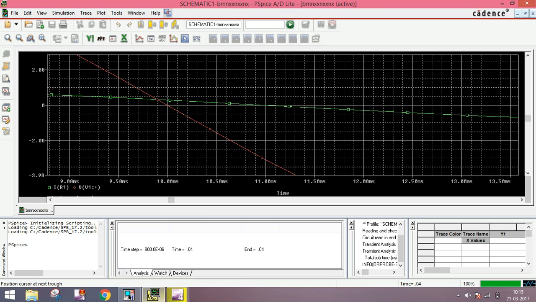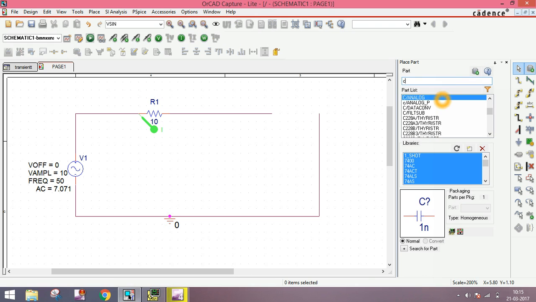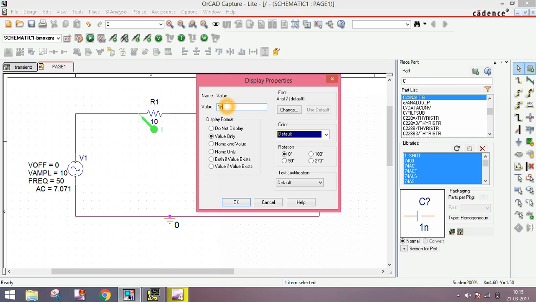Now we come to our schematic and replace this with a capacitor. Change the value to 10 micro.